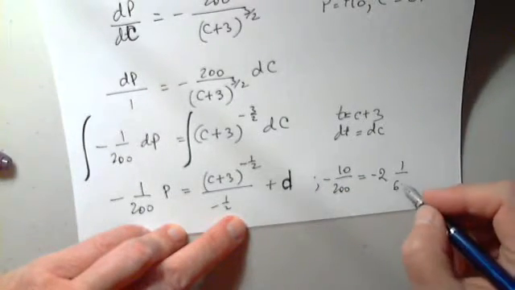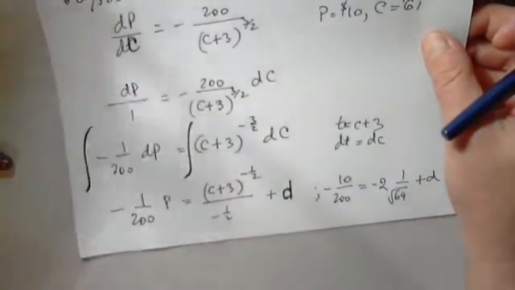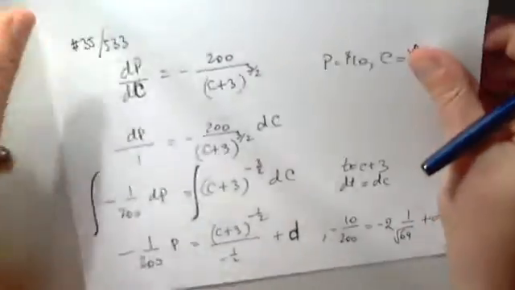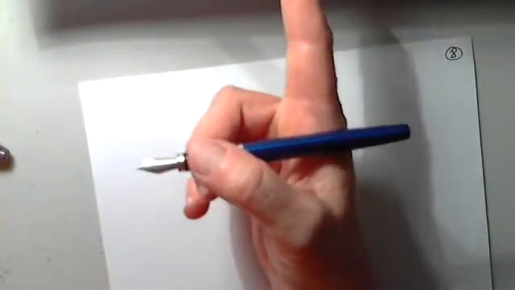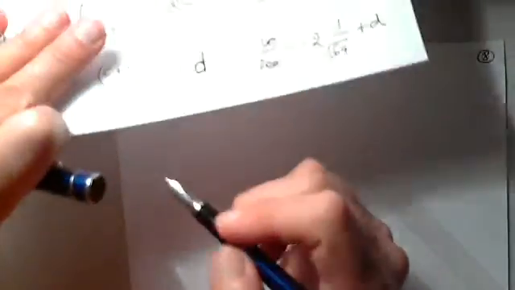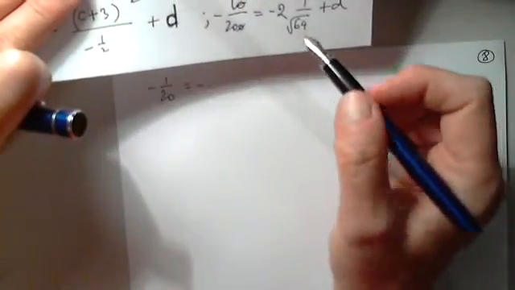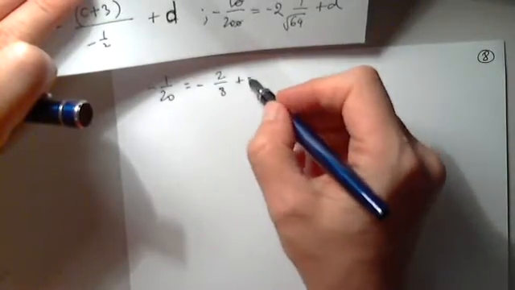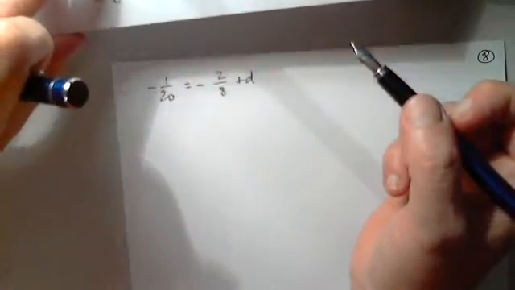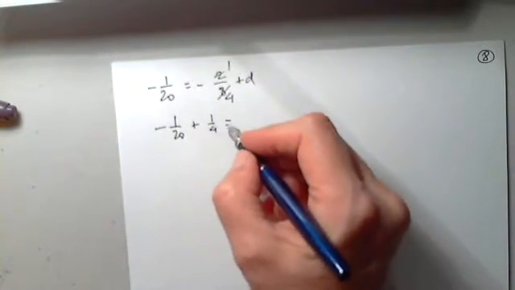So 1 divided by the square root of 64, plus D. Let's see what we get for D. The left-hand side, I simplify by 10, so this is negative 1 over 20. The square root of 64 is 8, so this will be negative 2 over 8 plus D. Simplify.